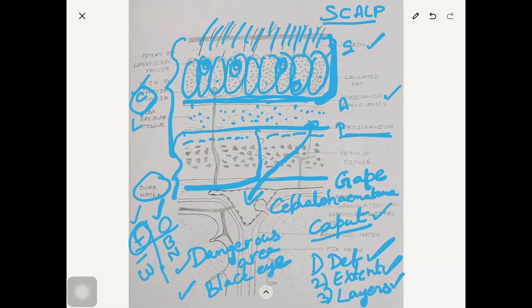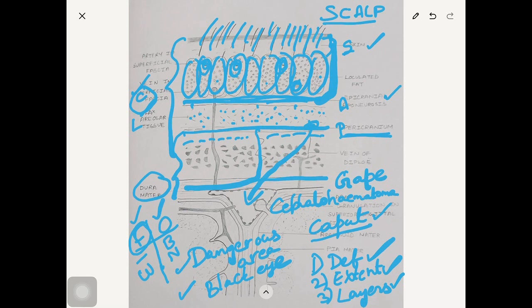So cephalohematoma you can differentiate from the caput. Caput is the uniform swelling and cephalohematoma will be taking the shape of the bones above. And this cephalohematoma will take more time to subside than the caput.